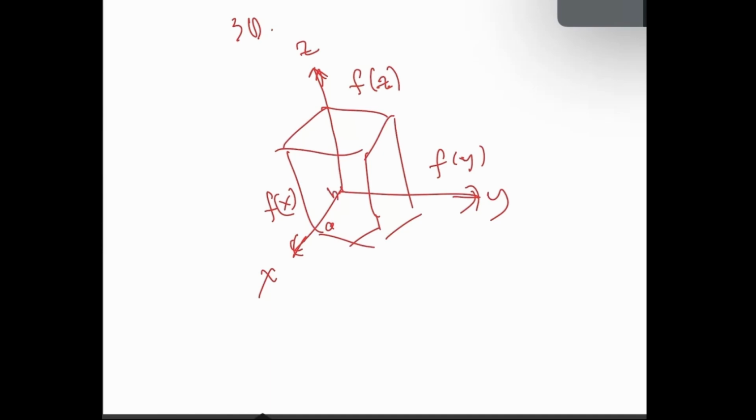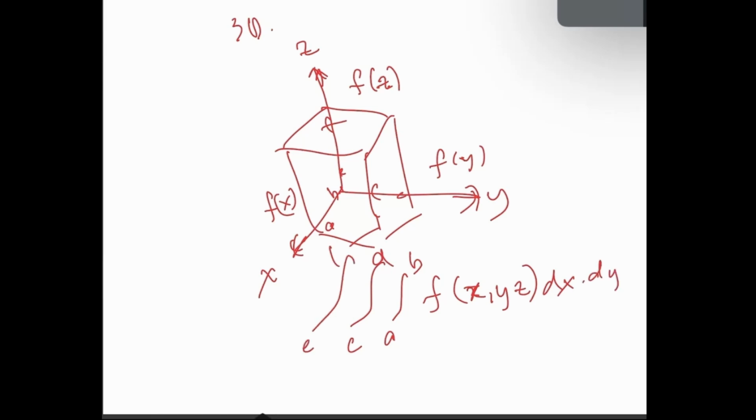A, B, C, D, E, F. Okay, A, B, F, X, Y, and Z. AB is at the x-axis, so dx. CD, dy. EF, dz. This one we call triple integral.